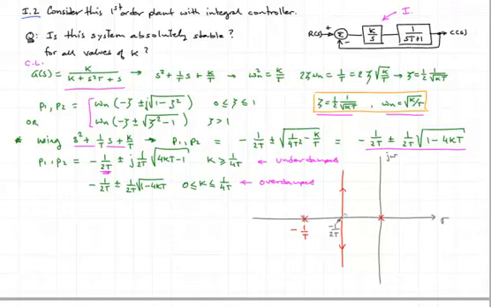And the point of departure here is going to be when k is equal to 1 over 4t. When k is less than 1 over 4t, then the poles lie on the real axis.